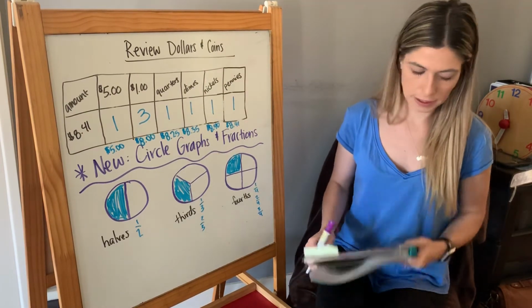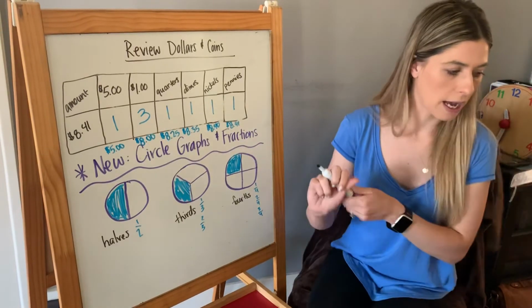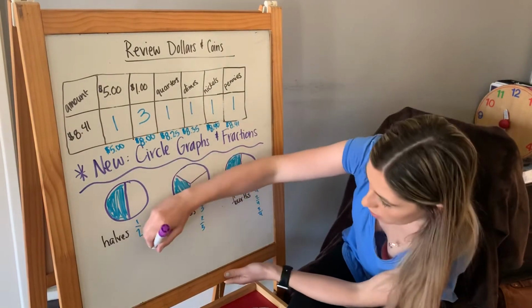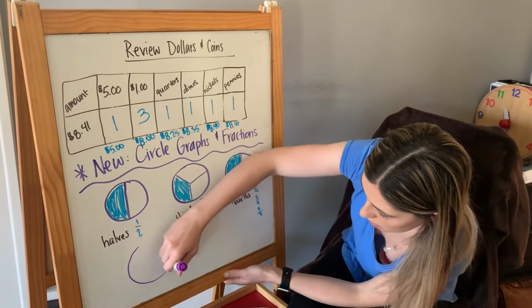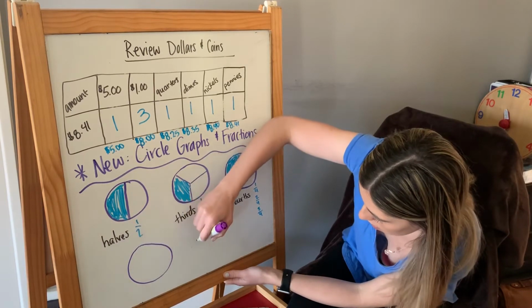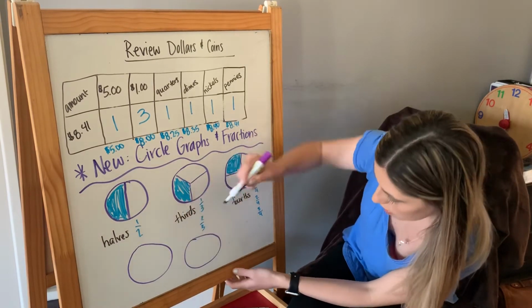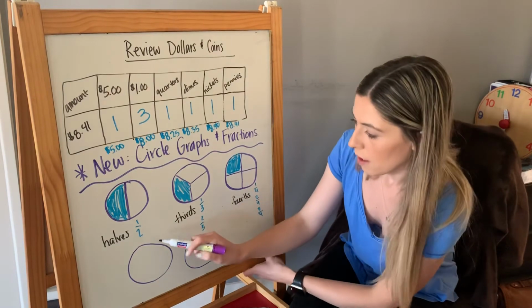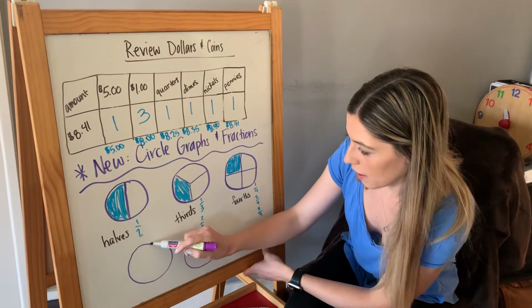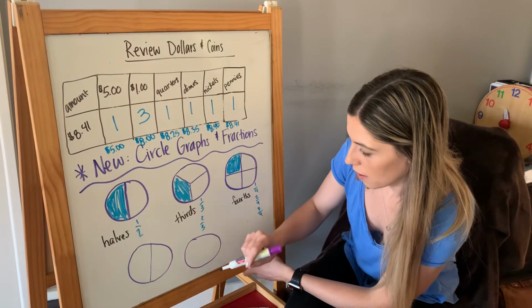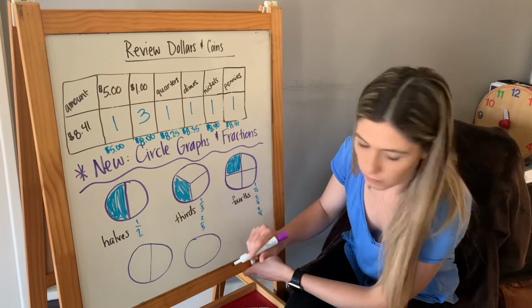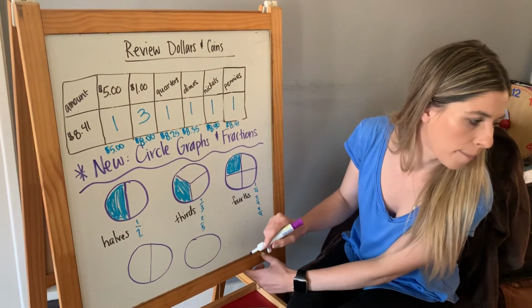So, for example, I know they're not perfect circles.